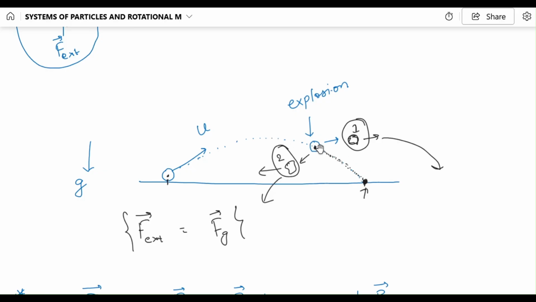But after the explosion, one part goes in this direction, another part goes in this direction, and then the motion becomes complicated. We focused on the motion of the center of mass only. So there must be some inclusion so that we can find out about these two also. This is what we are going to include now.